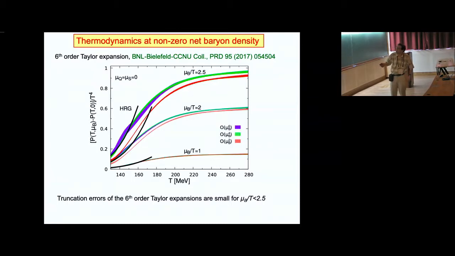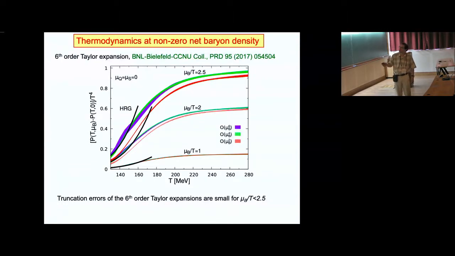Now, here I show consecutive orders, so you could calculate different truncations. You could calculate this correction to the pressure due to finite chemical potential at leading order, mu_B squared, that's the red line, then fourth order and sixth order. And you see, unless you have baryon chemical potential of order the temperature, where the leading order is good enough, you typically need to go to the fourth order.